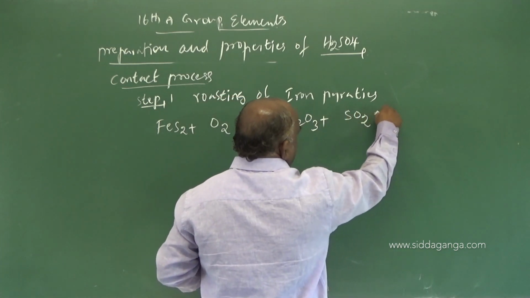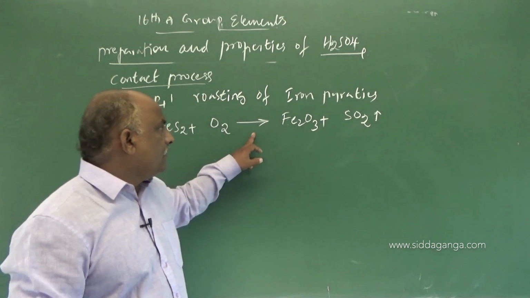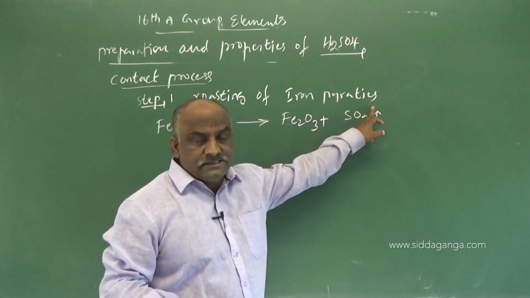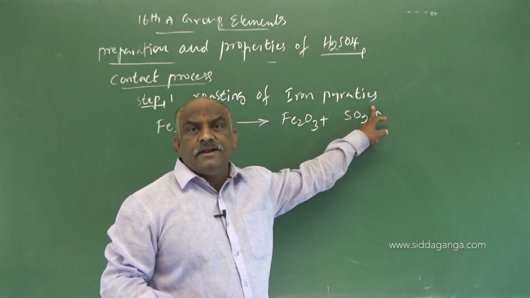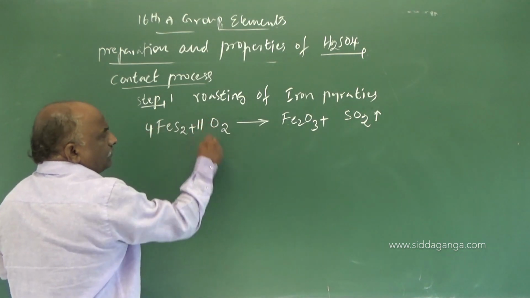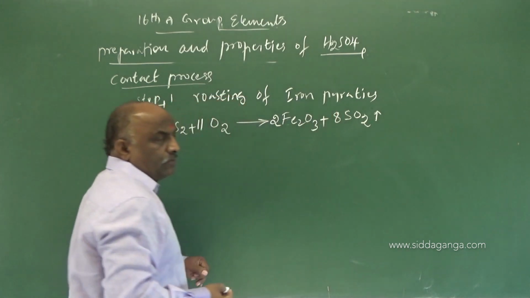Which gas is liberated here? Sulfur dioxide gas. This is step 1, roasting of iron pyrites: 4FeS2 plus 11O2 gives 2Fe2O3 plus 8SO2.